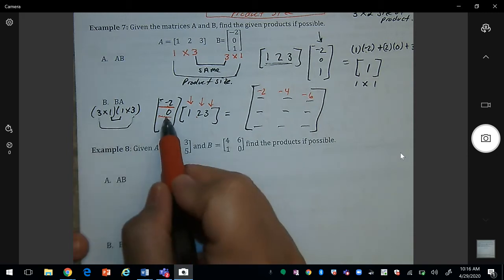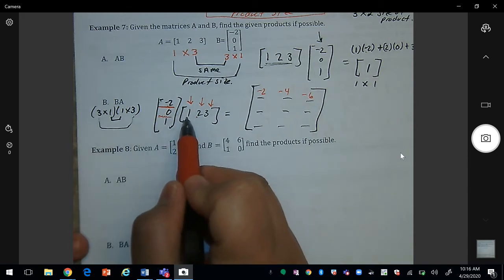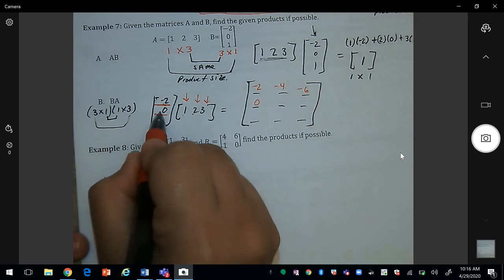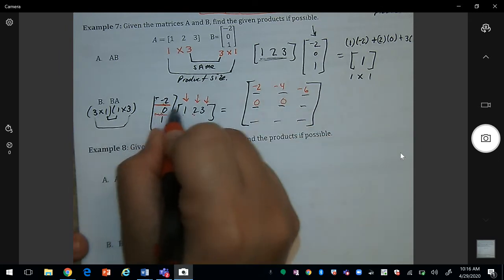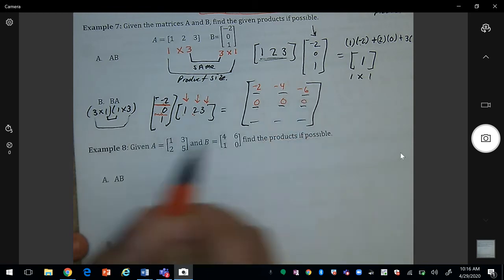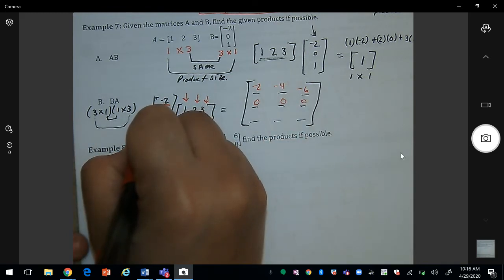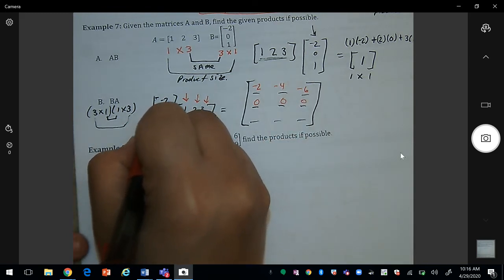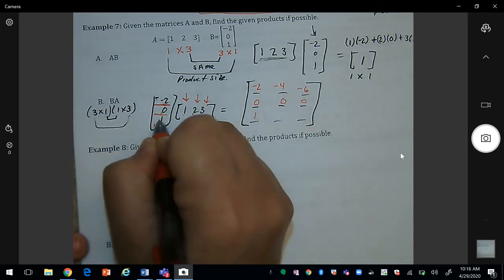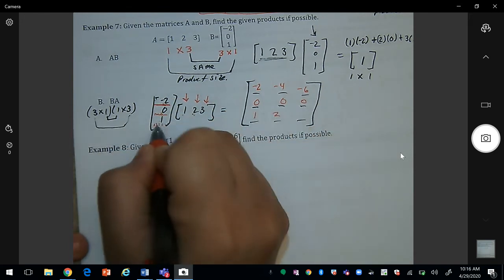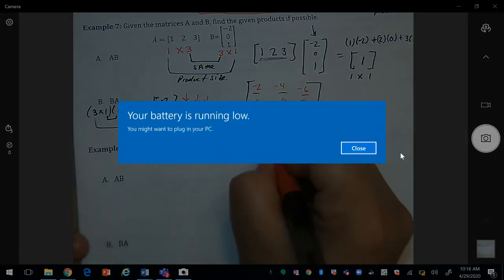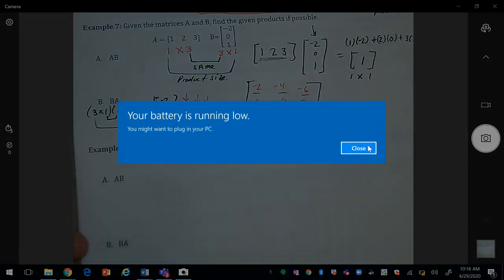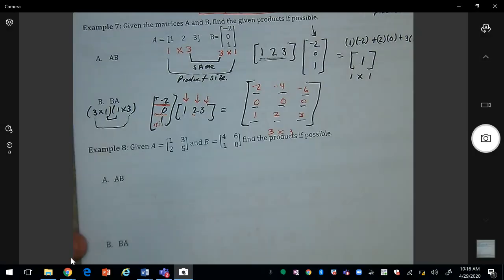So we start the same process: 0 times the first column, which is 1, that's 0. 0 times the second column, so 0 times 2 is 0. And then 0 times the last column, which would give us a 0. And then last, we want to multiply the 1, so 1 times 1 is 1. 1 times 2 is 2. 1 times 3 is 3. And so here is a 3 by 3 matrix.